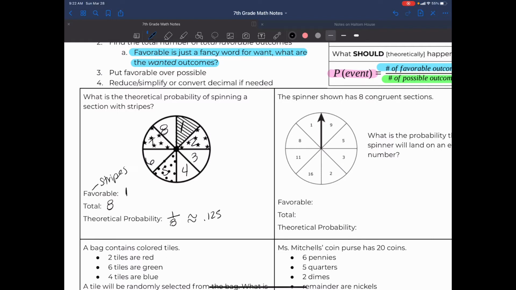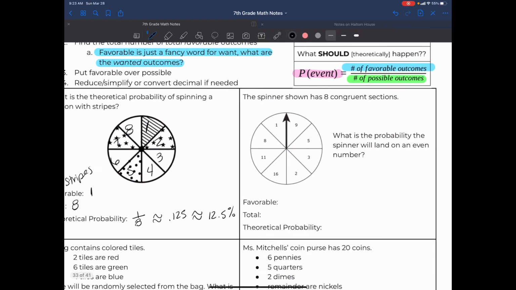So 1/8 is 0.125, which is also 12.5%. Now, that's kind of going above and beyond. You will not be required to convert to a decimal and a percent for every single question. However, that's essentially what we're doing here. We are trying to find the fraction form of the probability that we can then convert to a percent if needed.